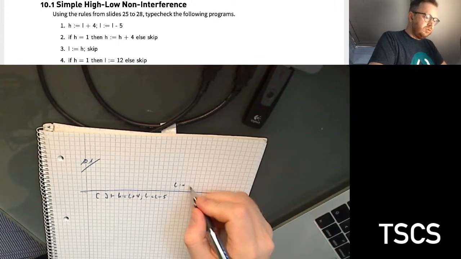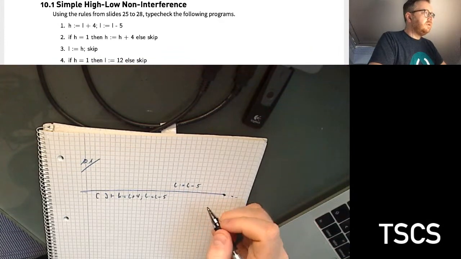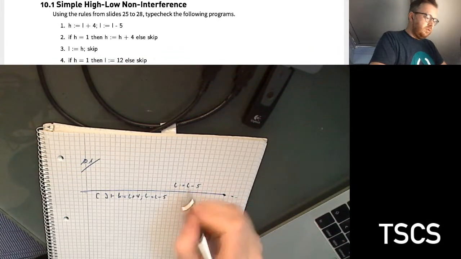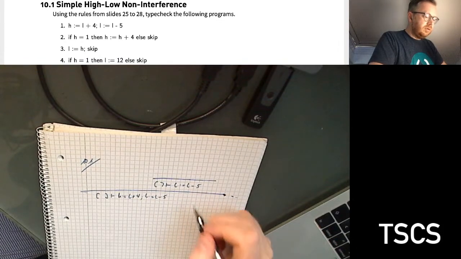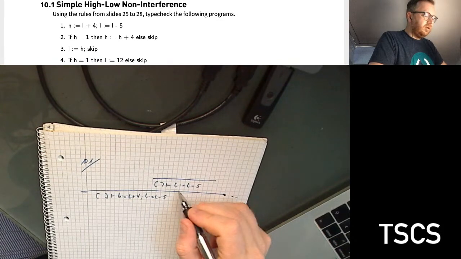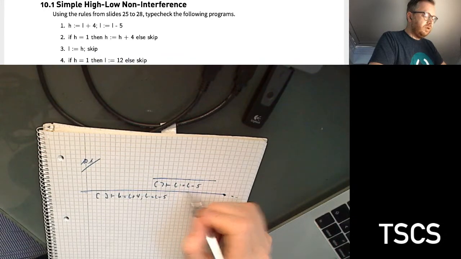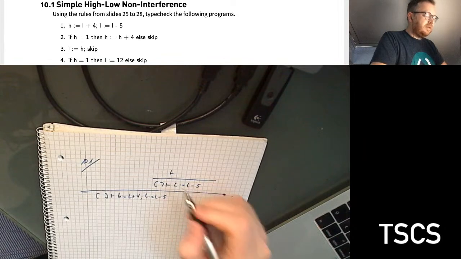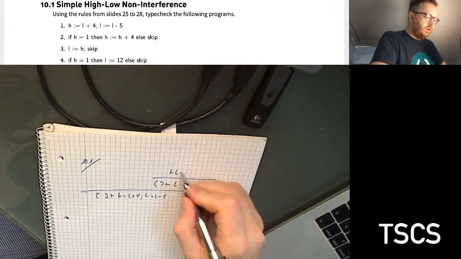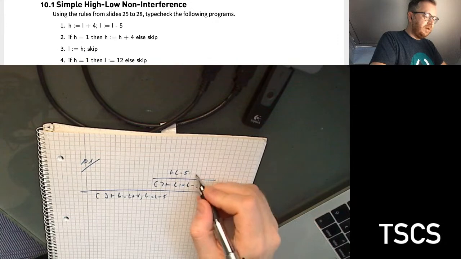So let's try it out and say, okay, what is this? L is assigned to L minus 5. That can be done when L minus 5 is typed low. How do we type that?